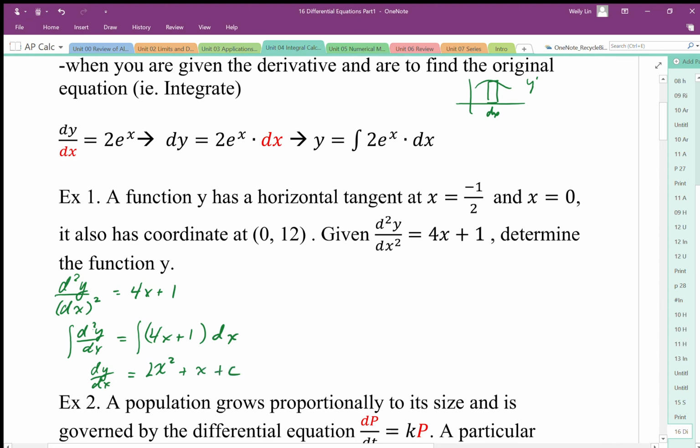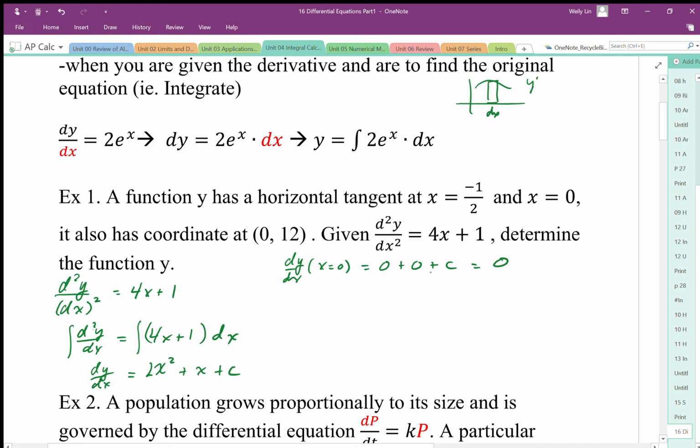So we need to solve for c. We need to know when the derivative is equal to 0. It's equal to 0 at x equals 0 and x equals -1. So I'm just going to plug in x equals 0 there to solve for our c value. So dy/dx when x is equal to 0 is equal to 0 plus c, which is equal to 0.